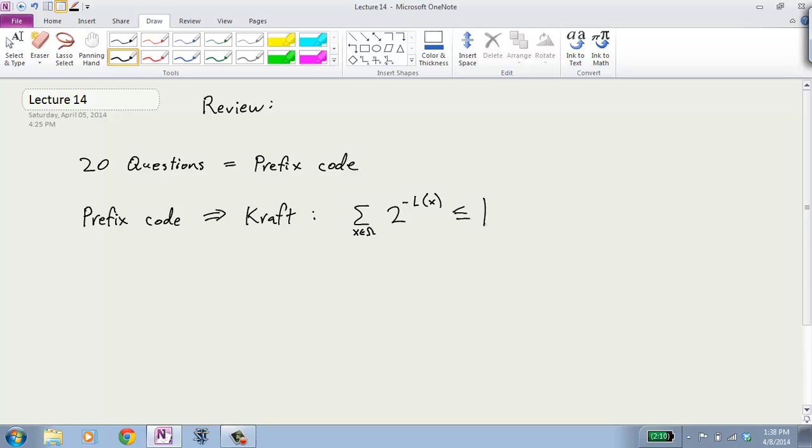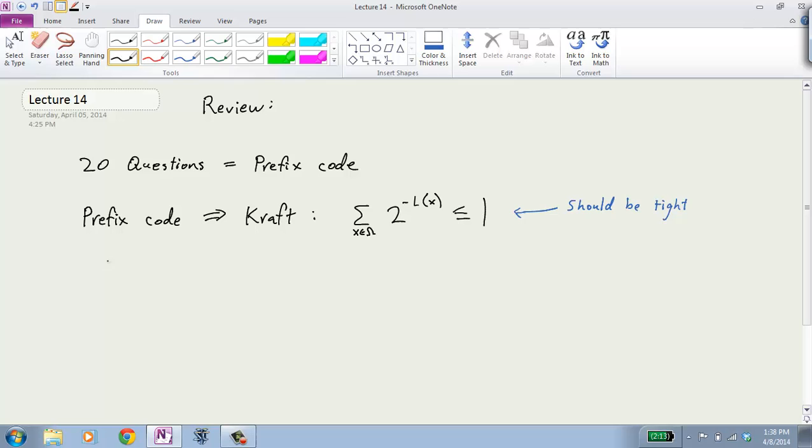Okay? And we also know that if this isn't tight, meaning if it doesn't equal 1, then we have an inefficient code. We could always shrink one of the code words without lengthening the rest. So this should actually be tight, or we know we already have an inefficient code.